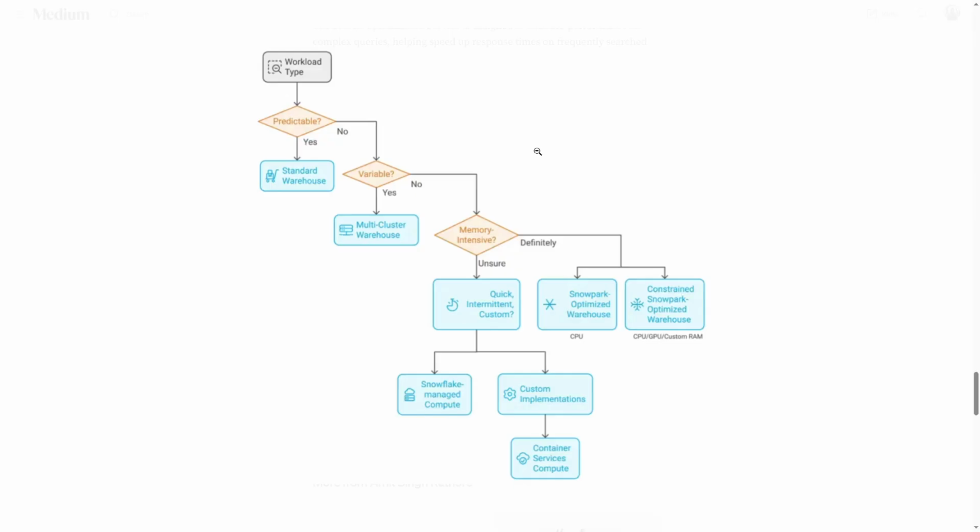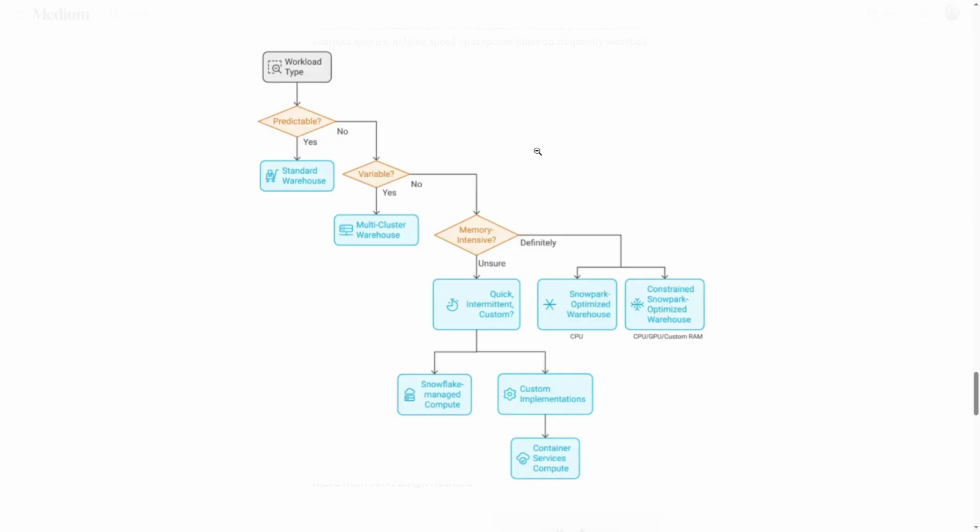If we know the standard warehouse will work, but we need more memory compared to CPU, then we have the option of running either a Snowpark-optimized warehouse or constrained Snowpark-optimized warehouses with GPU or custom RAM. One thing to know is that a multi-cluster warehouse is not the right tool for running Spark workloads. If we have Spark workloads, we should run them with Snowpark.